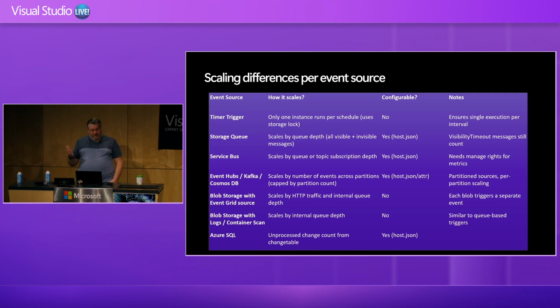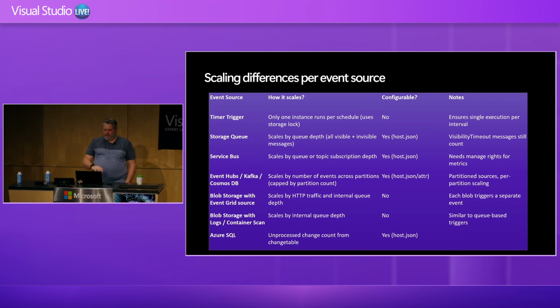And speaking of service bus, of course, it can scale based on the queue depth as well. Or if you have a service bus topic with multiple subscriptions, your trigger is on that subscription. So you can have multiple apps, one for each subscription of your service bus topic, and it looks at the queue depth of that subscription. You can change the defaults for your storage queue and service bus in host.json.